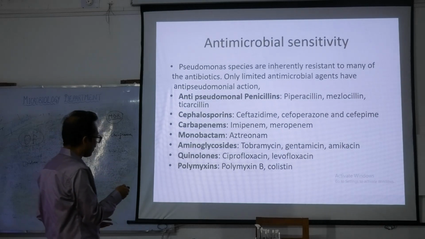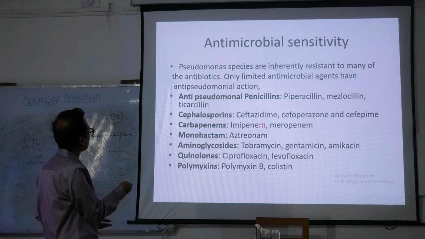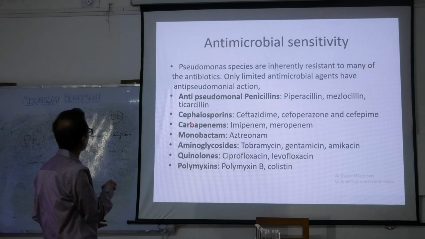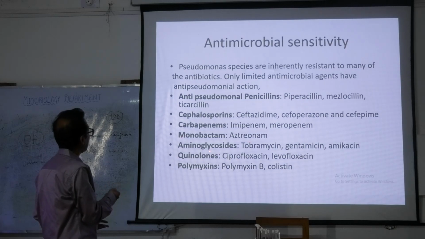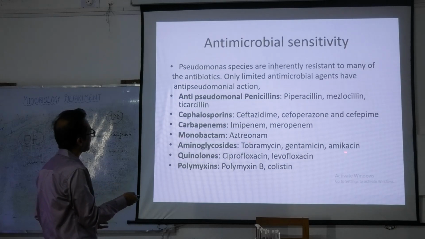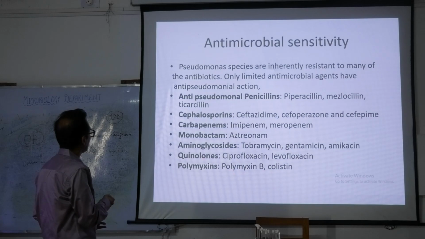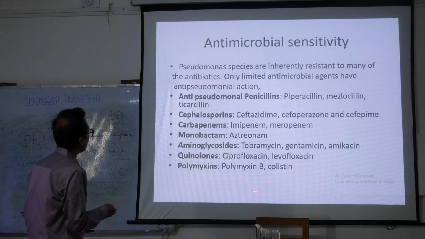Carbapenems, imipenem, meropenem বা doripenem can be used. Imipenem and meropenem, doripenem mention করার দরকার নেই। Monobactam aztreonam, aminoglycoside, amikacin, gentamicin, tobramycin, quinolone, ciprofloxacin, levofloxacin and polymyxin B and colistin.